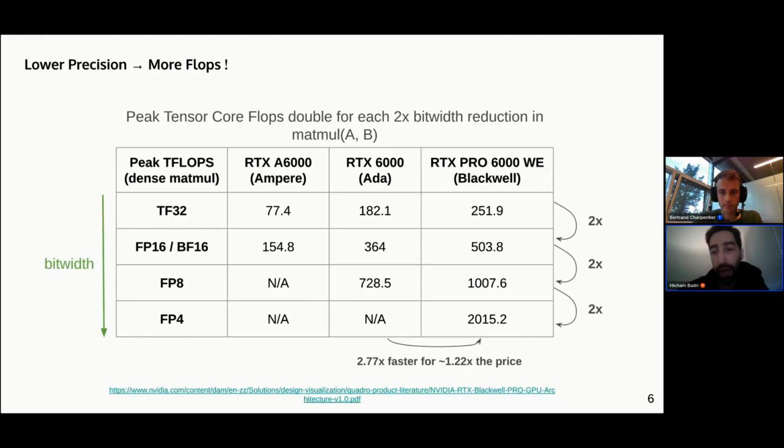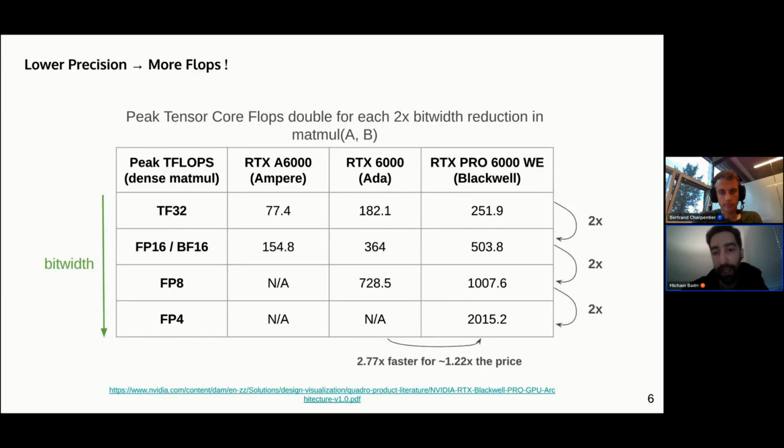Also what we notice again is that with each iteration we get faster flops. And the interesting thing is mainly in the Blackwell iteration.